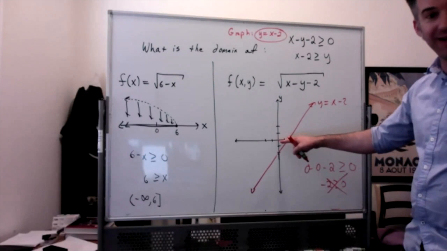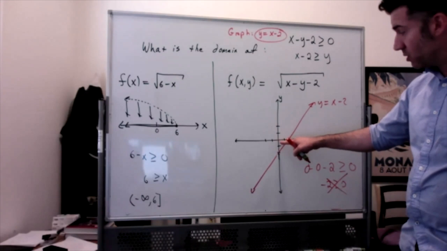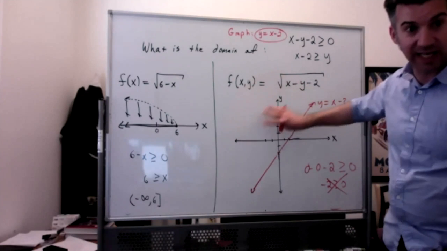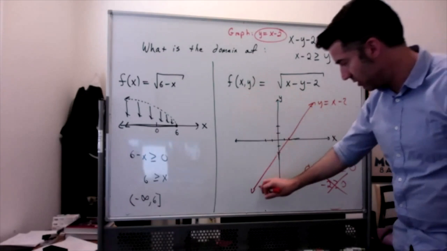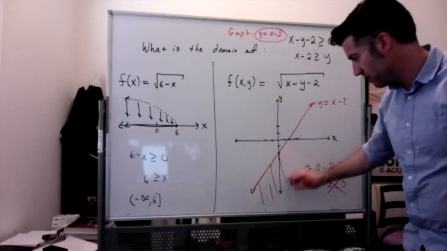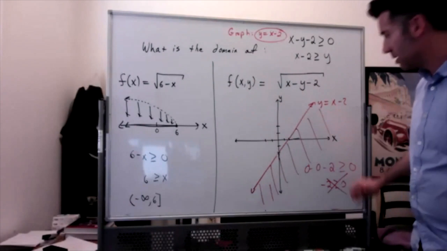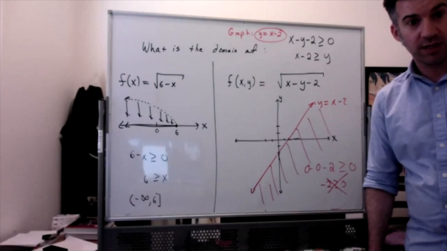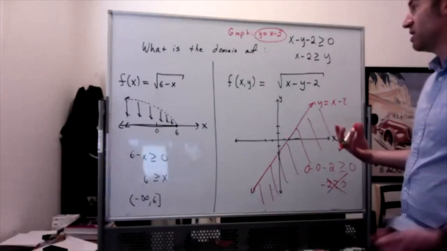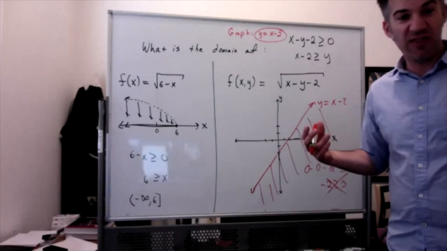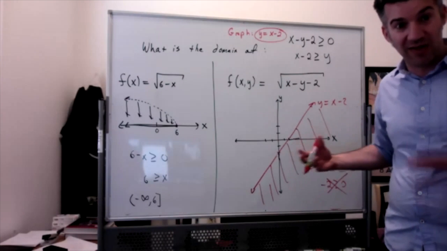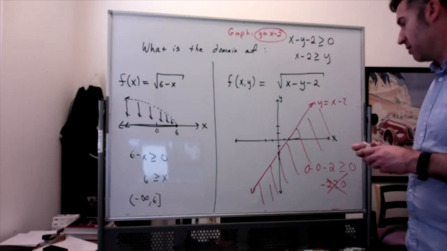So 0, 0 is not in the domain, which means everything on this side is not in the domain. It means everything on this side is the domain. So really, this is probably the best way to think about the domain, right? It's telling us the most information about it.